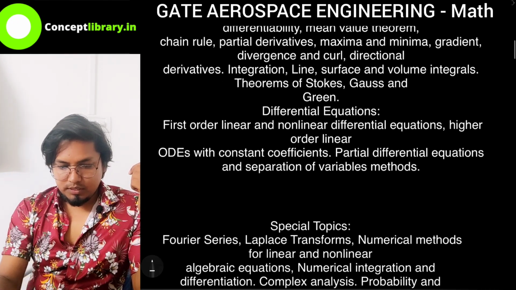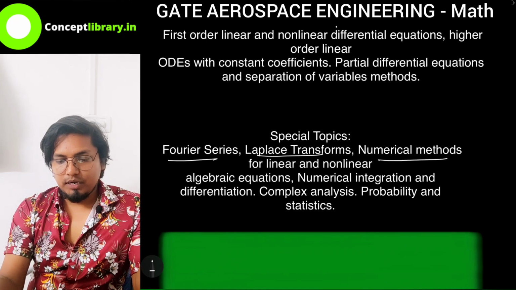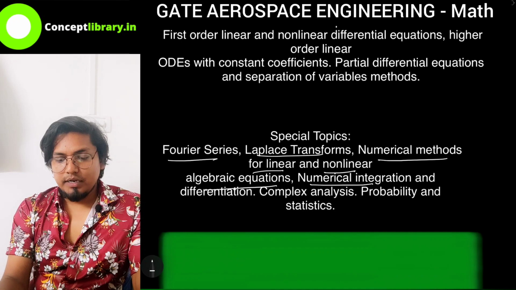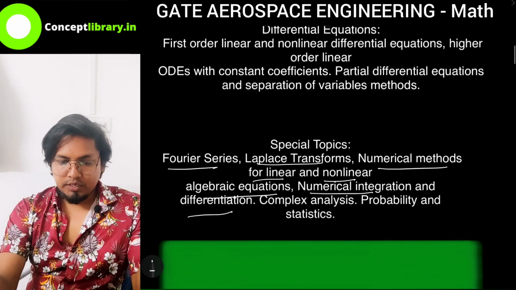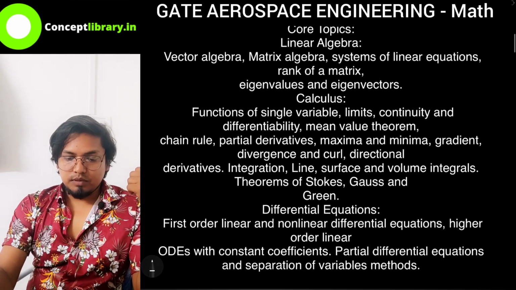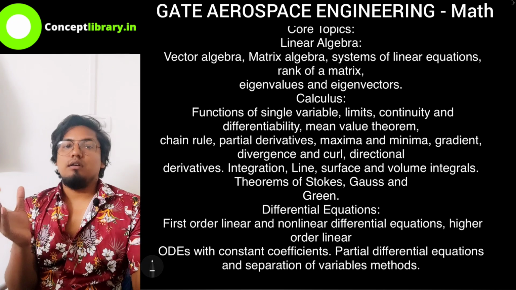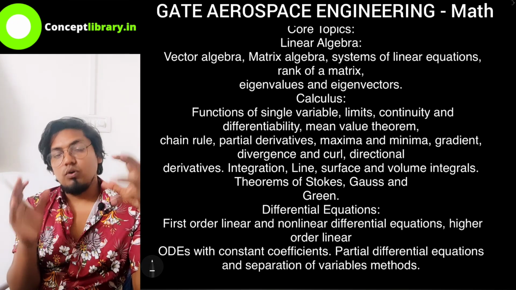So special topics, you can see here: Fourier series, Laplace transformation, numerical methods for linear and non-linear algebraic equations, numerical integration and differentiation, complex analysis, probability and statistics. These are the special topics. So out of 10, 9 marks will be from your core topics.